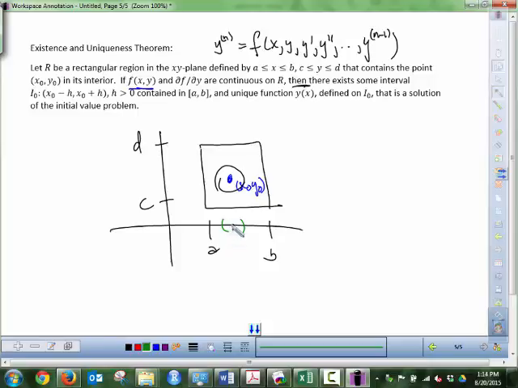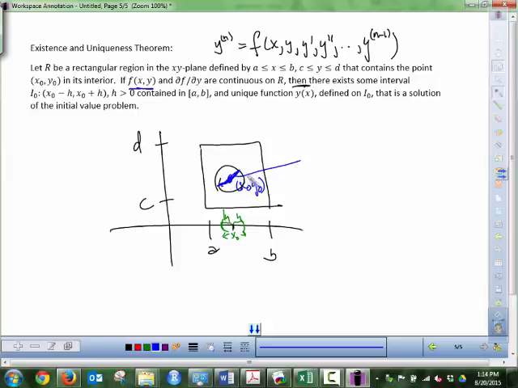So we have a small distance h here, so x naught minus h, x naught plus h gives a little small interval on the x-axis where your graph, or the function itself, here the solution, exists and is unique.